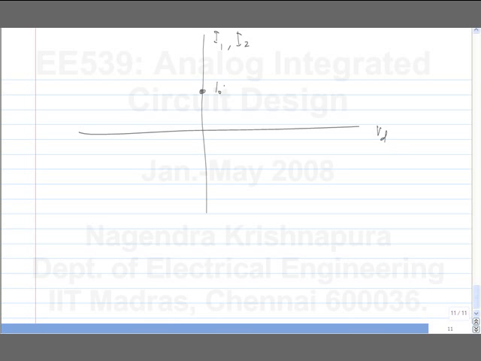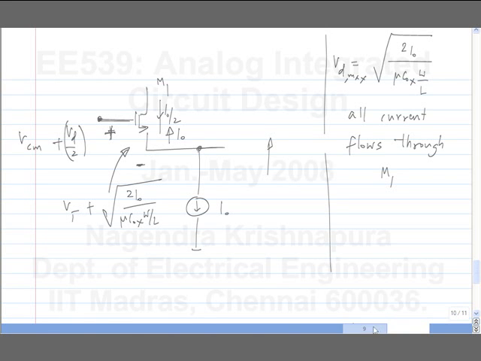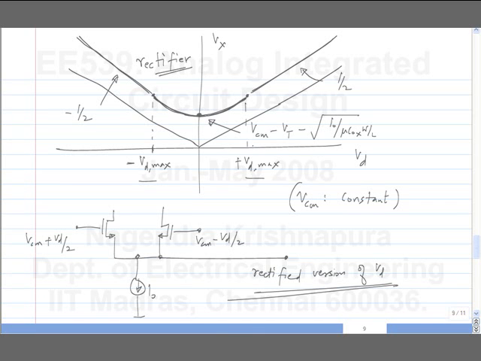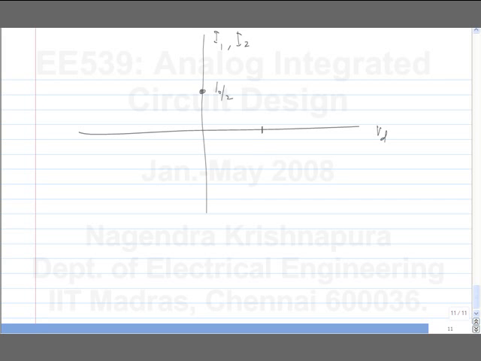And what we already know is that beyond this range, plus minus Vd max, so let's say this is plus square root 2 I0 by mu Cox W by L. What happens to I1? I1 is the current through the left side transistor. I1 becomes equal to I0. Okay. And I2 becomes equal to 0.